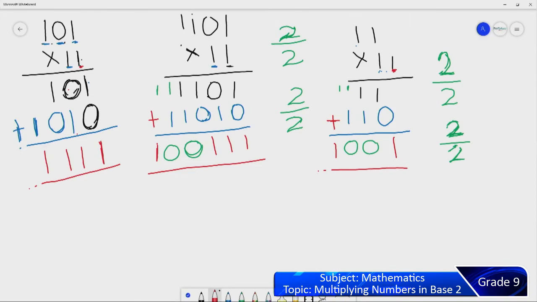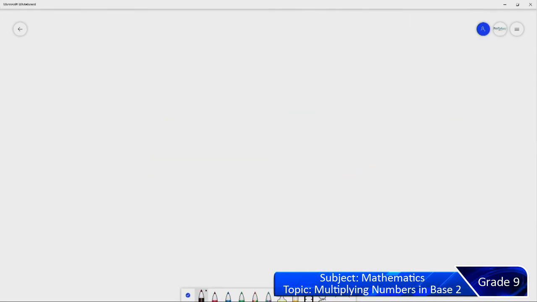Final example. For the final example, we're going to work 1101, and we're going to multiply this by 111. We have 3 digits that we're multiplying by, so we would have to take this one step further.